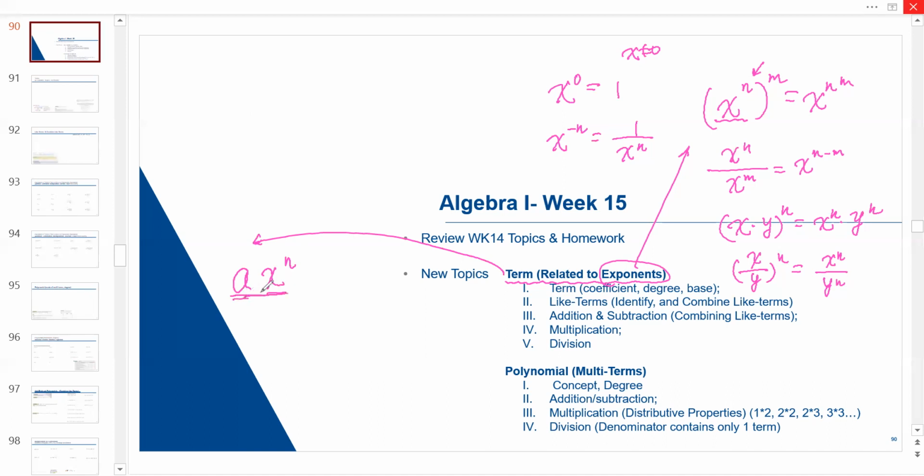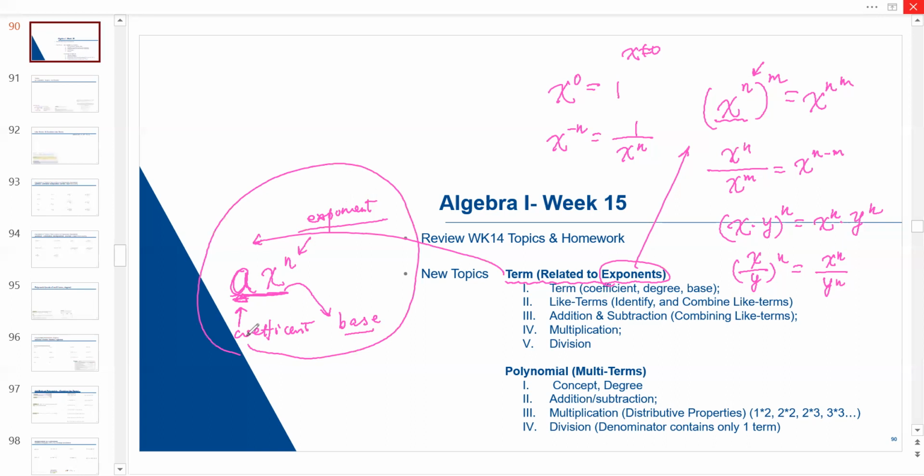This is a real number, this is the coefficient. And this is the base, and this is the exponent. They are made of this. This is a term.